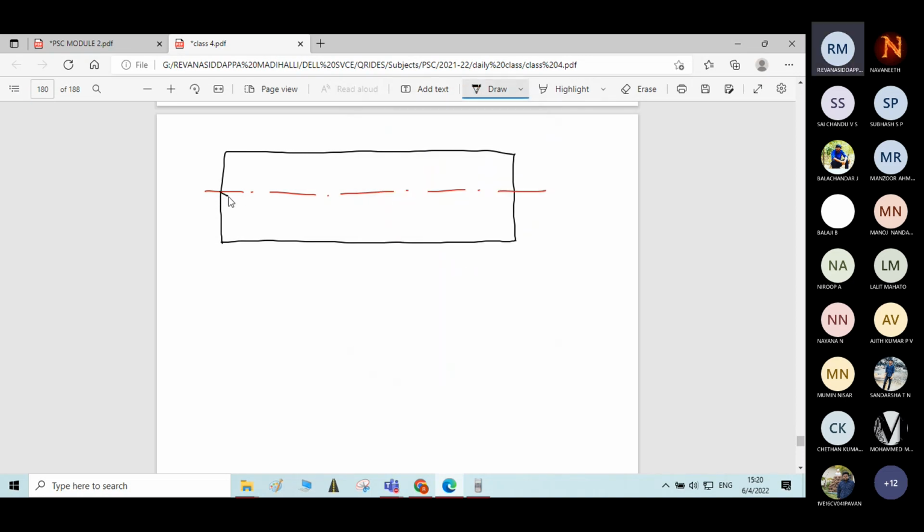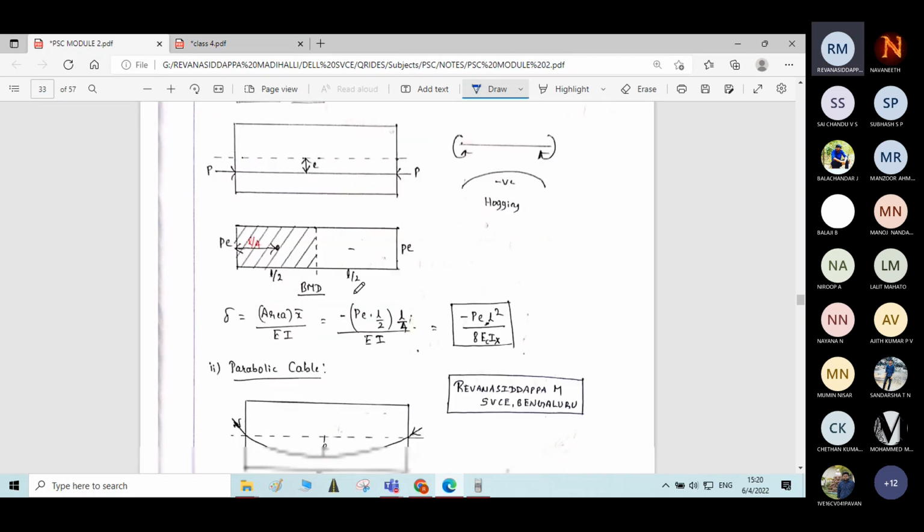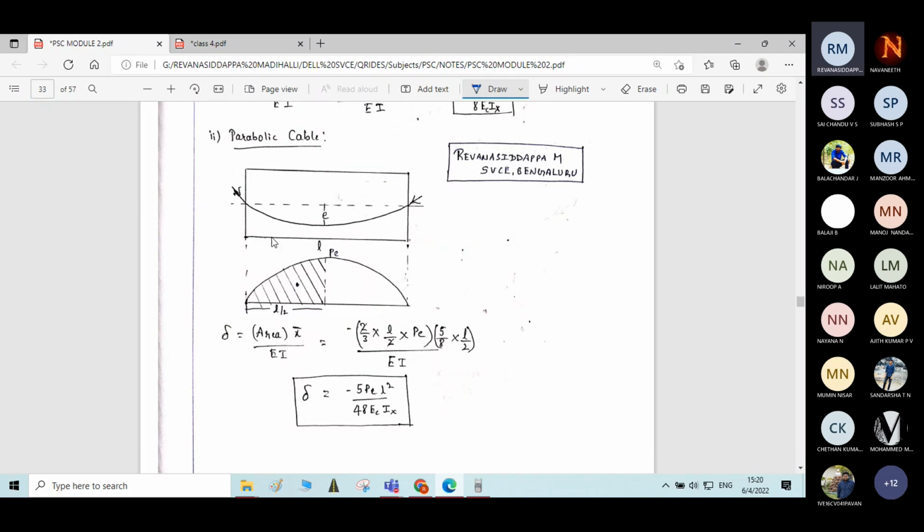Parabolic cable with 0 eccentricity at the support, 50 mm eccentricity at the center. E is equal to 50 mm. Okay, let me go to the theory part. See what is the nature of bending moment diagram for a cable having 0 eccentricity at support and some eccentricity at the midspan. This is the nature of the bending moment diagram. And the sign will be negative because the cable is below the central axis only. Correct?